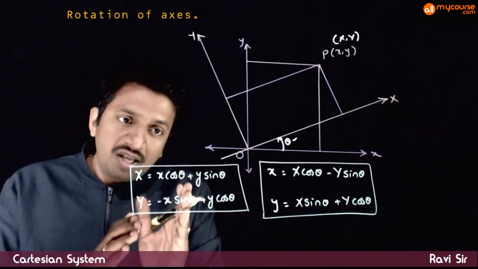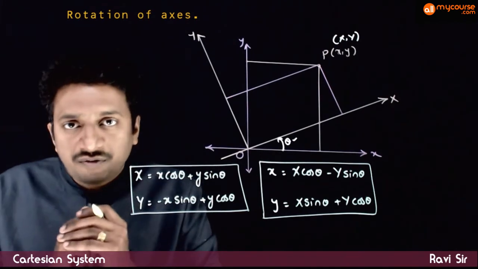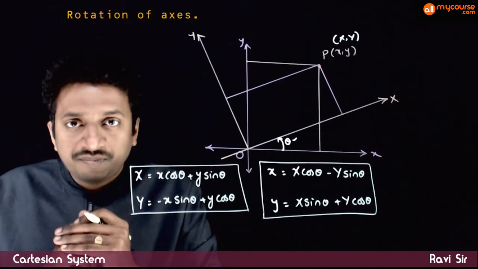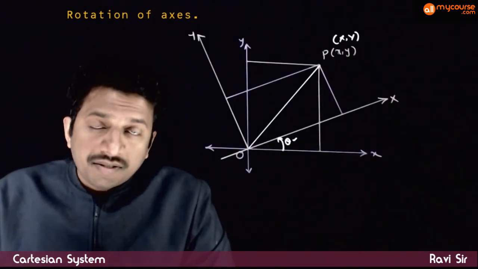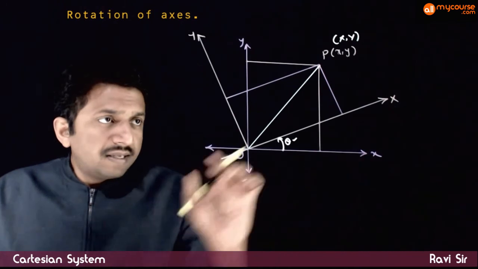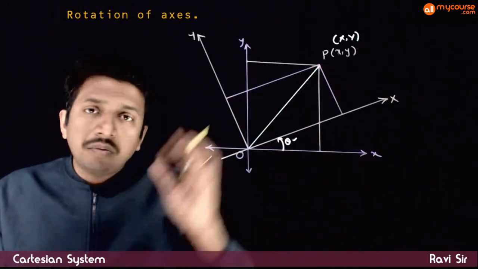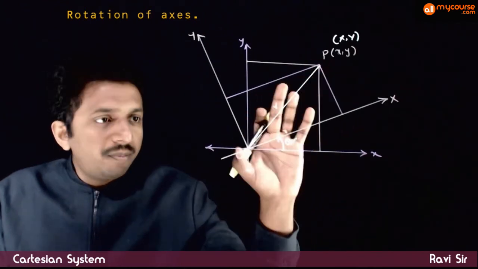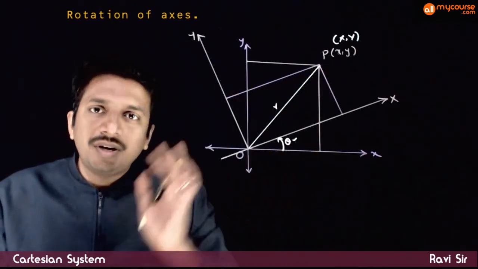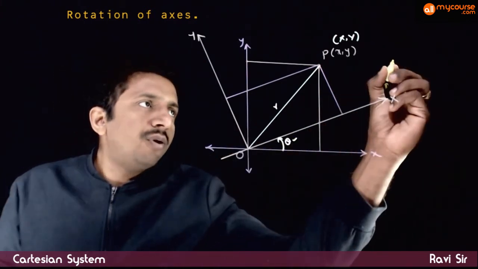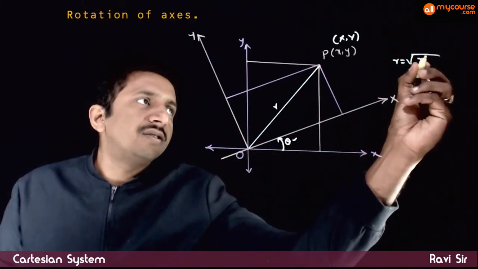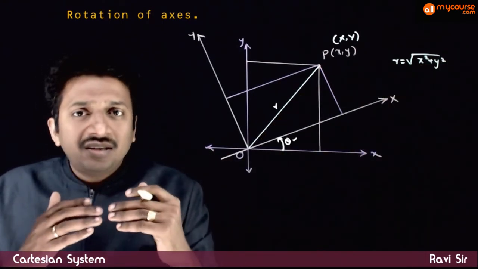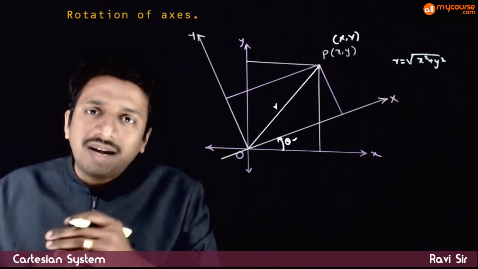So let us also see how to remember these formulae. But for that, let us go to the derivation. To do the derivation, first let us join the origin with the point P and let the distance of the point P from O be denoted by R. And we know that R is equal to root of x square plus y square, which I will be substituting if required at later stages.